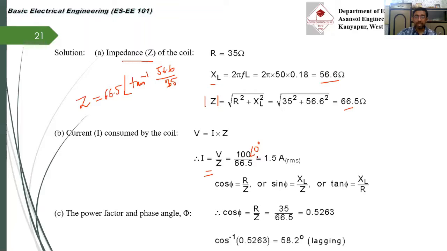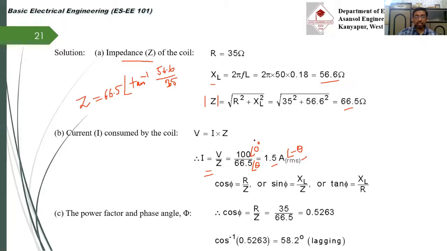So here 100 angle 0 degree and this one is 66.5 angle theta. So 1.5 angle minus theta. So it is the complete answer for I. Magnitude is 1.5 and angle is minus theta.